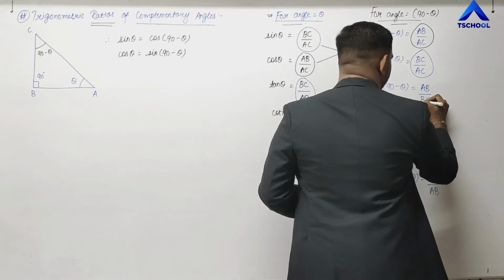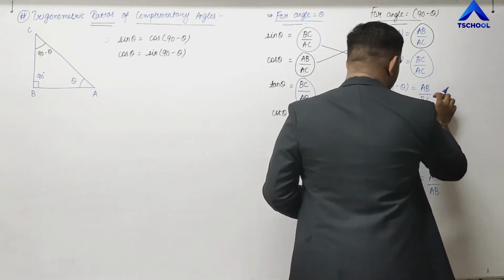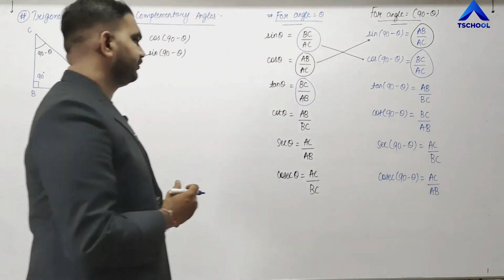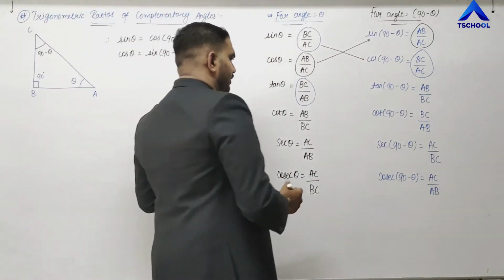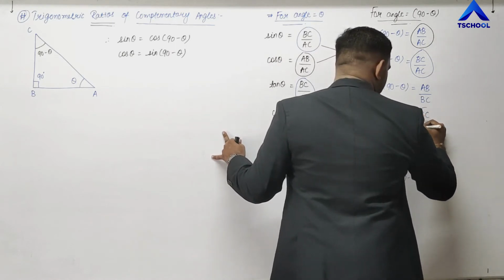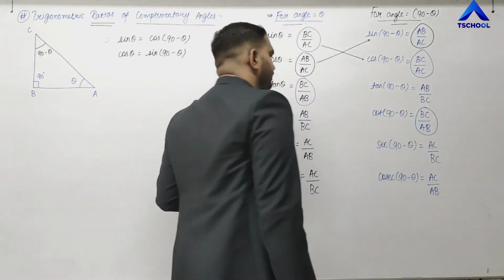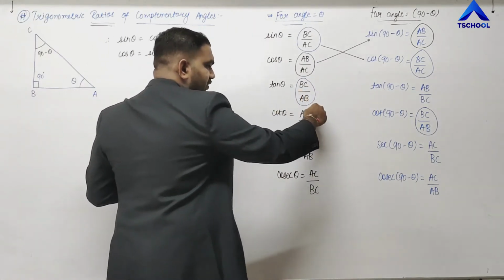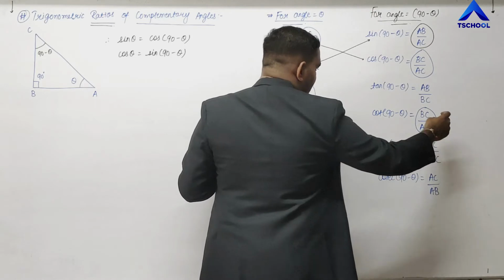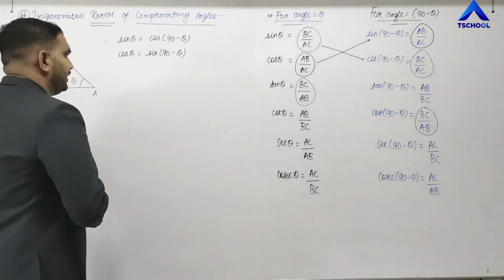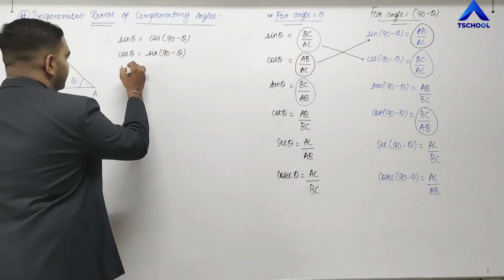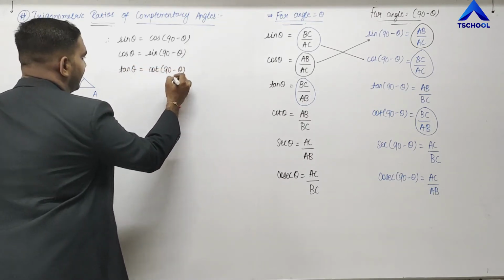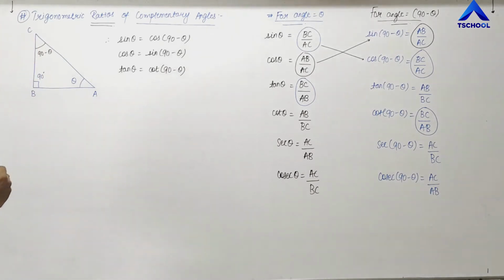AB upon BC it will be, and here it will be BC. Okay, good. Now, and also BC upon AB. So, tan theta equals to BC upon AB, cot theta is equals to BC upon AB. Therefore, tan theta is equals to cot 90 minus theta, right?